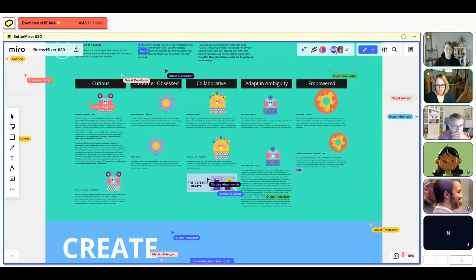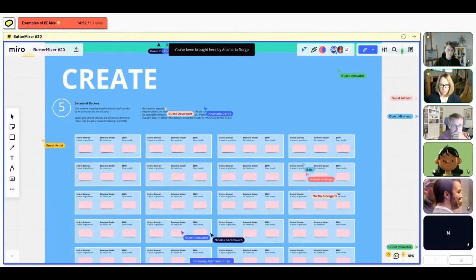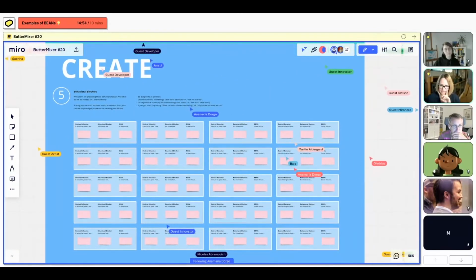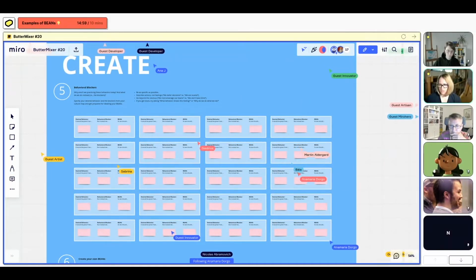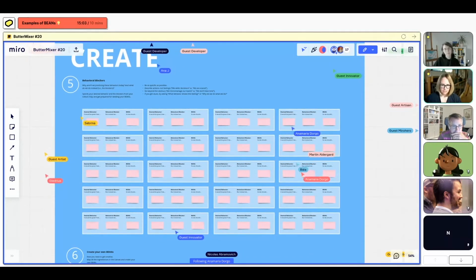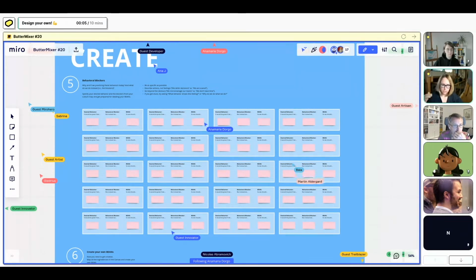Now let's go to the next step, and there we will not yet go into breakouts. This exercise we will do together here, and it is a preparation to create the beans. It's quite easy because you need to think about what your desired behavior is. What is your envisioned state? What do you have as a goal?